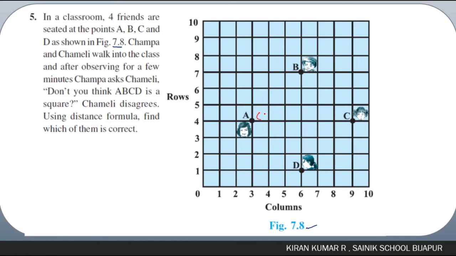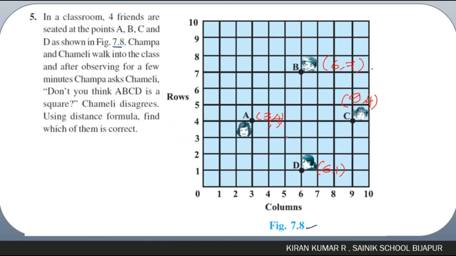So the point A represents (3, 4). Similarly, the point D will represent (6, 1). Point C will represent (9, 4). Point B will represent (6, 7).